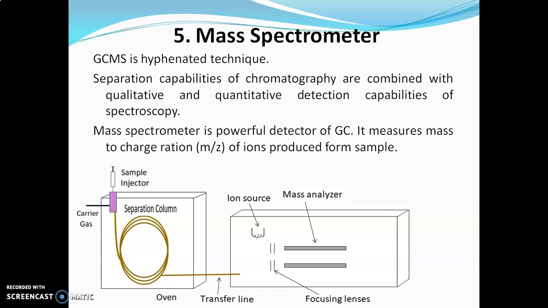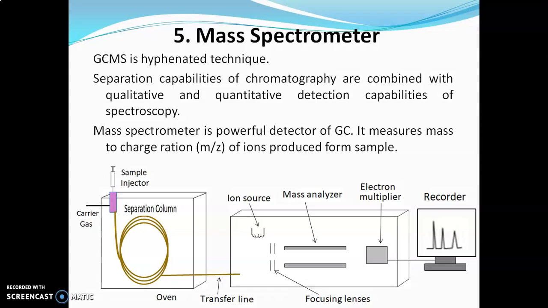In the mass analyzer, these ions will get separated or sorted according to their mass to charge ratio, and these sorted ions will then enter the electron multiplier tube, which is the detector here. This electron multiplier tube will give response to each of these separated, positively charged ions, and we will get a chromatogram in the recorder. So this is about GCMS.